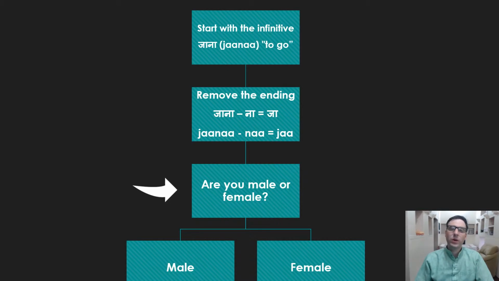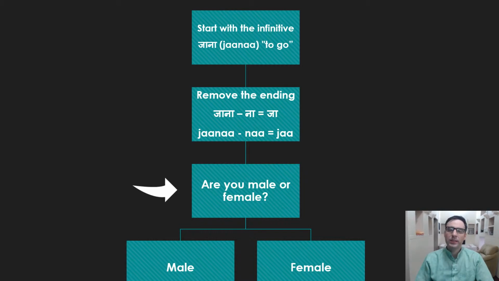Now this question may seem a little odd to us, but the question is, are you male or female? The reason we have to ask this question is we're using the personal pronoun main, which means I. And I said in Hindi that the ending of the verb agrees with what? The subject.